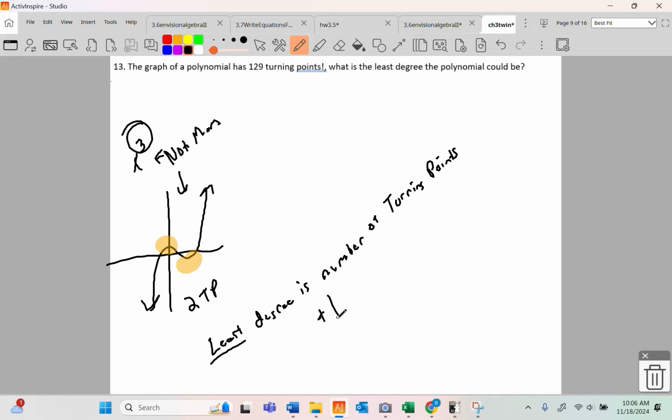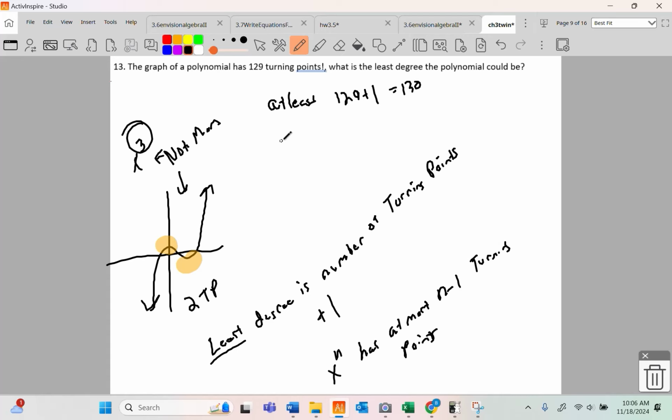The actual theorem says x to the n has at most n minus 1 turning points. So if I have 129 turning points, I am at least 129 plus 1, which is 130. I am at least x to the 130th power. At the very, very minimum, that's what I am.